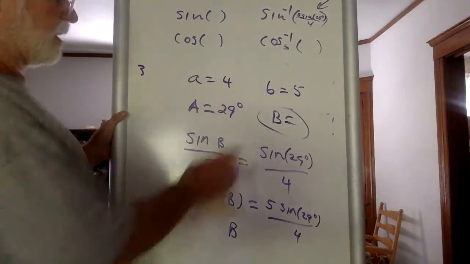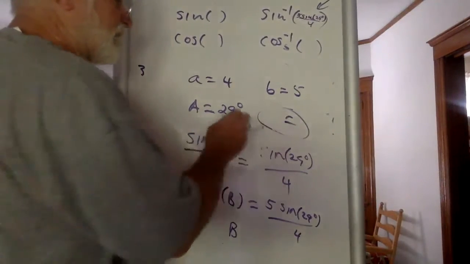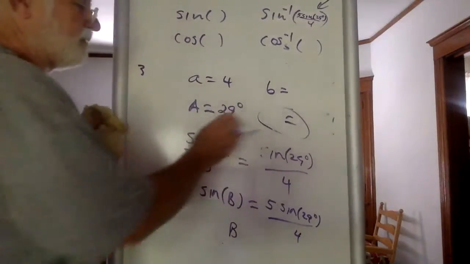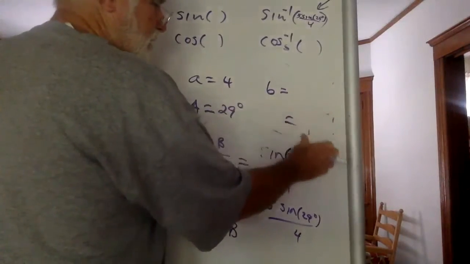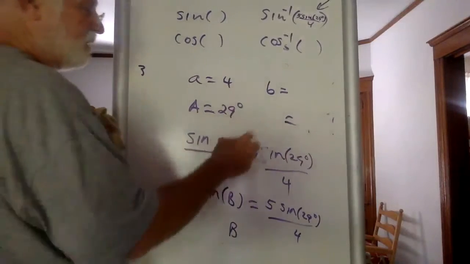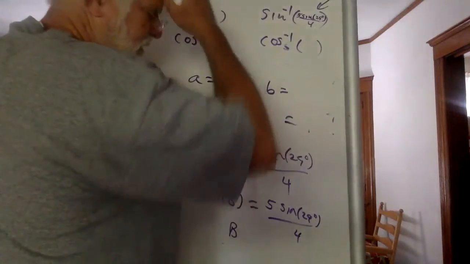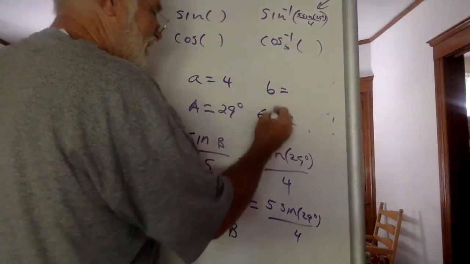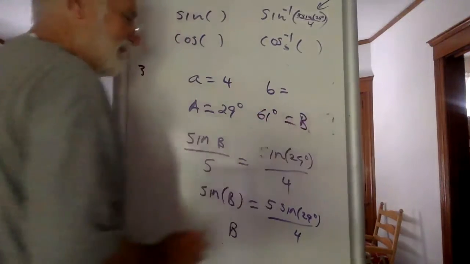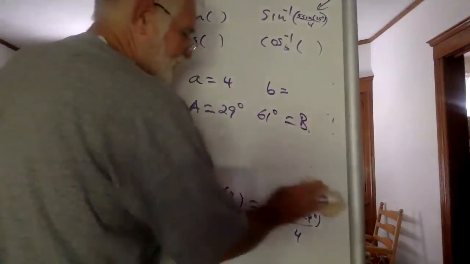So where am I? Okay, we solved. We're going to solve for little b this time. I'm going to give you a big B. Probably should give you big B: 61 degrees is big B. So how do you solve that one? Much easier.